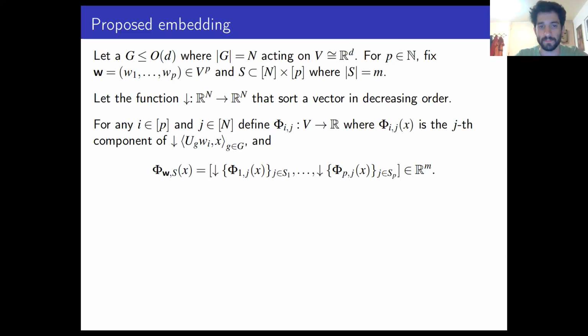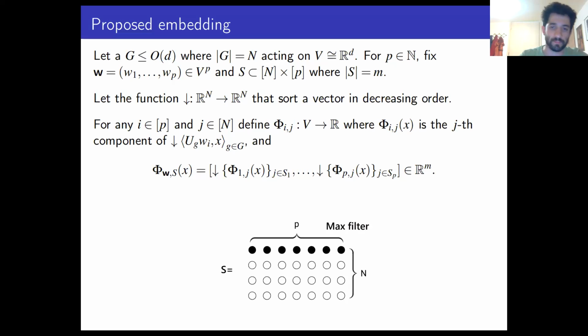So for example, the max filter is a special case of our proposal, which has as S just the first element of each column. Because we take the co-orbit, for example, for w_1, we sort it and take just the first element.